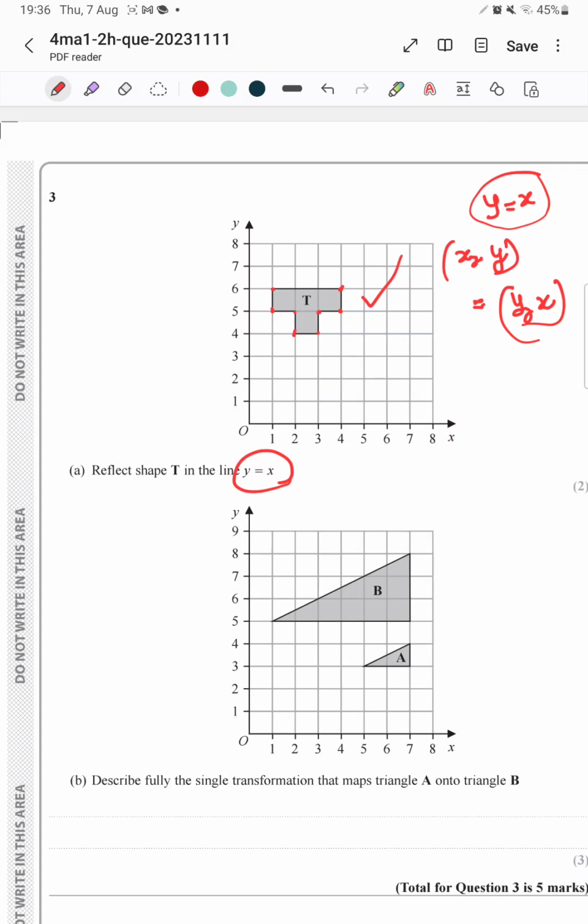So what you can do here, you can find out the coordinates of all these points. So I start from this one.